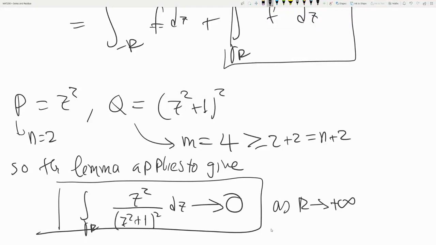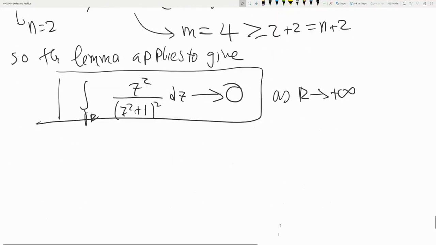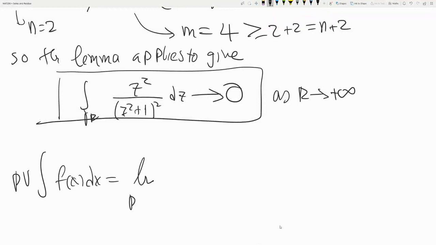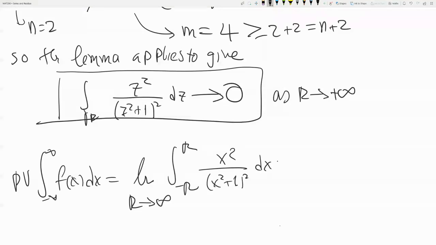Okay, so this guy is out. We can ignore it. Now what you have is the principal value of your integral of f(x). Okay, and now we have to do residue, and that's it.